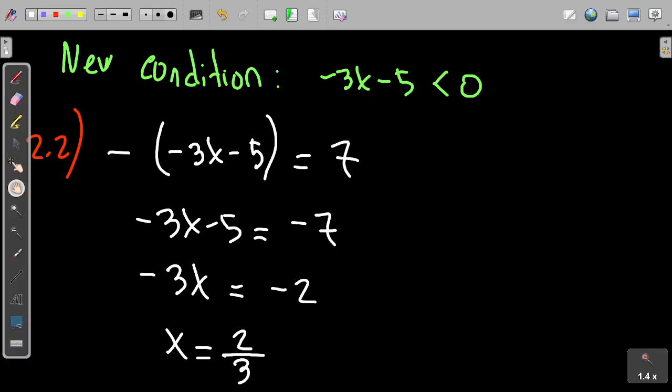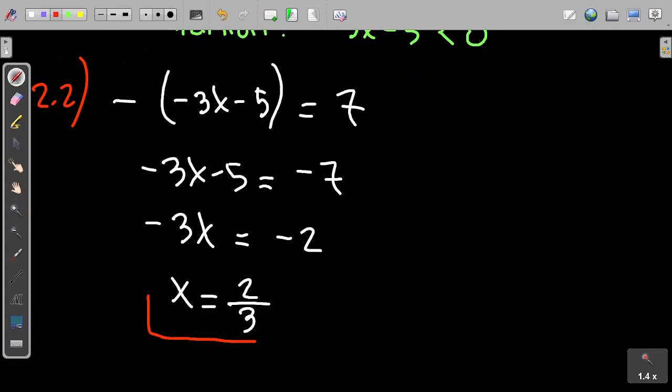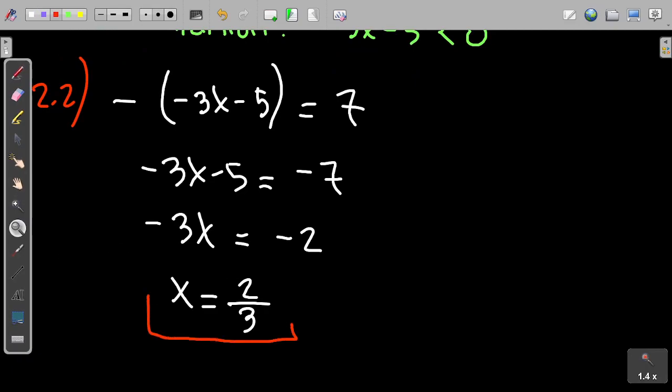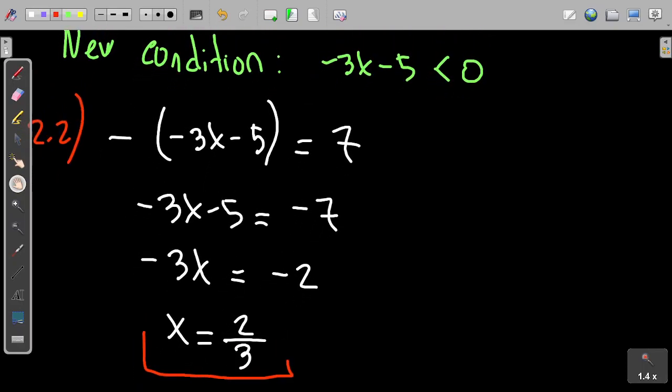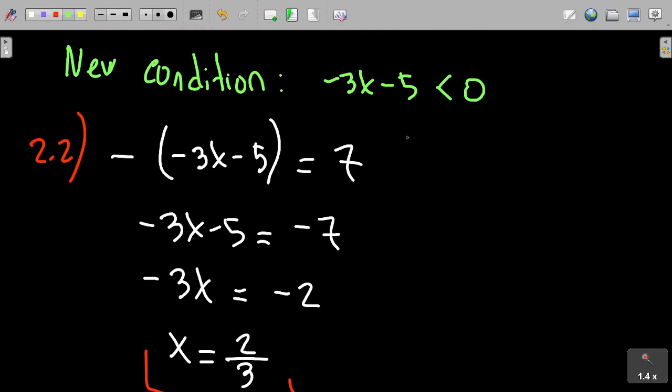So we have this new answer, and now we need to check the conditions of this equation, if this makes sense or not. Cleaning the variable, again we have negative 3 times x less than 5 positive. So x is bigger than negative 5 over 3. Remember that we need to change the sense of the inequality sign here, because we have a negative multiplying the 3x.